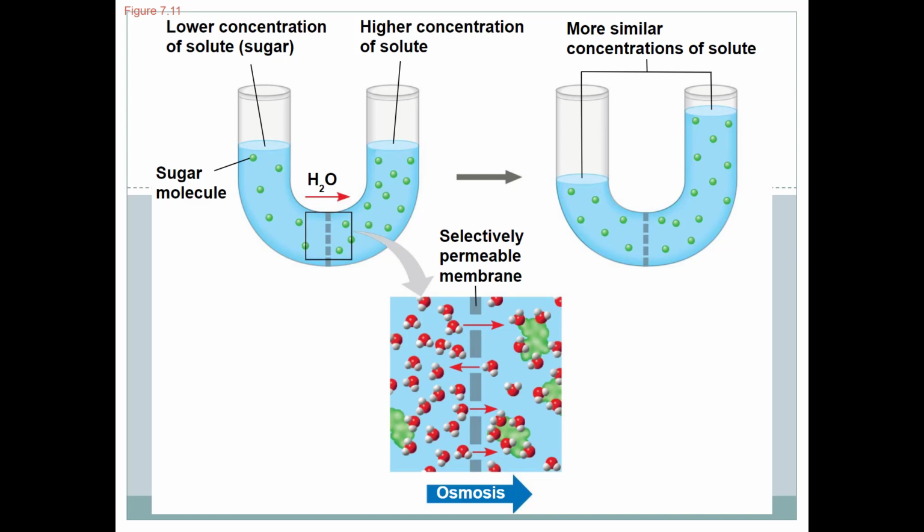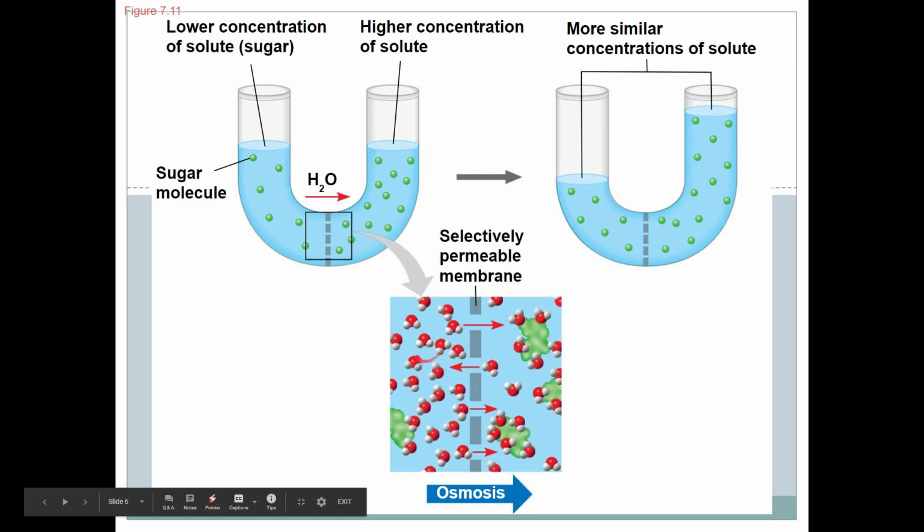So water is polar because it has polar covalent bonds between the hydrogen and the oxygen. That makes the oxygen of water partially negative and the hydrogen partially positive. And so they will stick to their opposite charges. So sugar is a polar molecule, so water will stick to sugar.